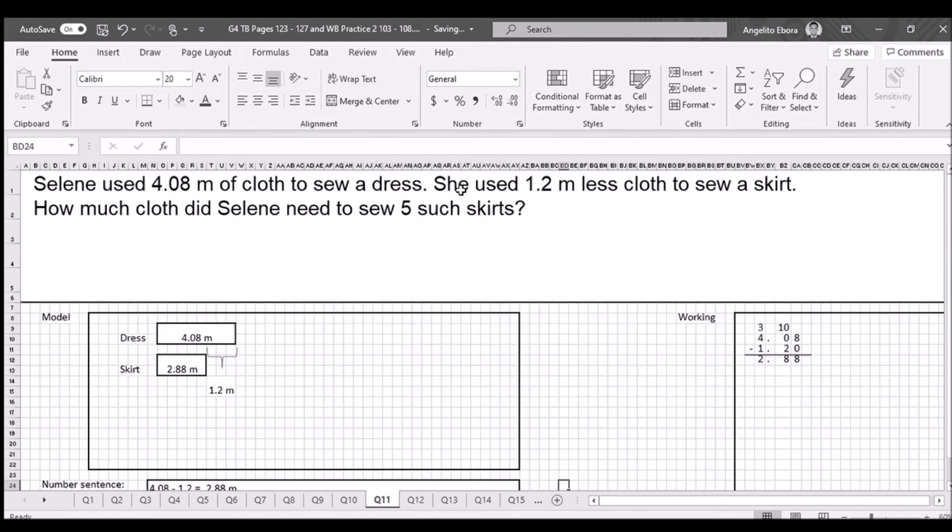So we know the length of cloth that she used to sew a dress, and then the length of cloth to sew a skirt, which is 2.88. So how much cloth did Celine need to sew 5 such skirts?